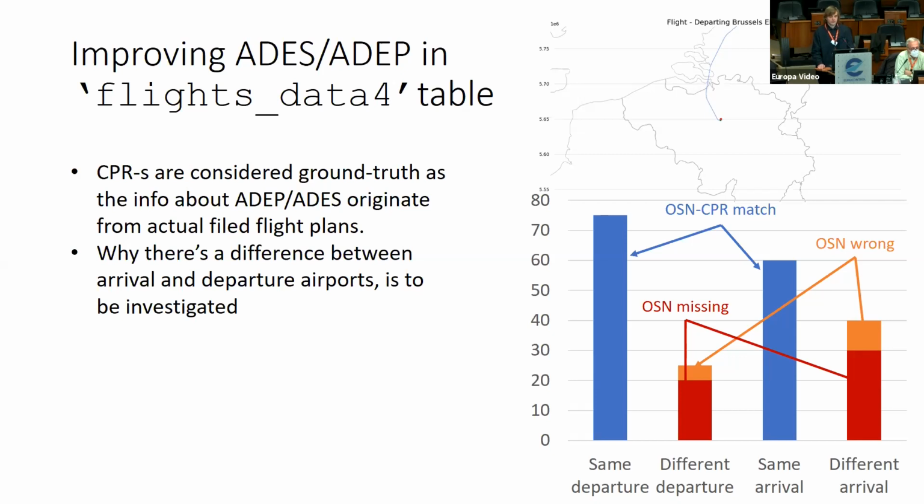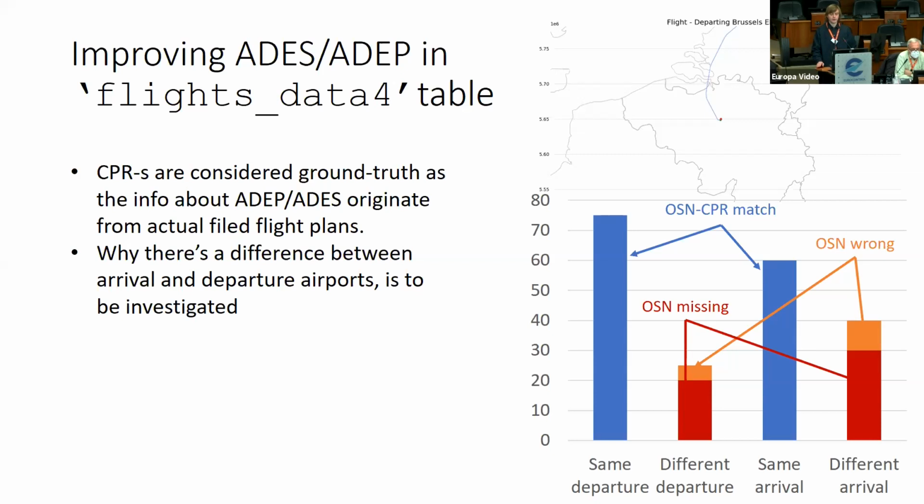So it's definitely based on the flight plans that pilots actually have inserted, and then the actual flight has taken place. So these are pretty much ground truth. And we've used this data field to enhance the estimates that we have in our flights table.